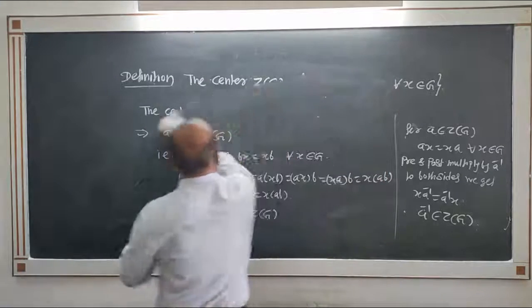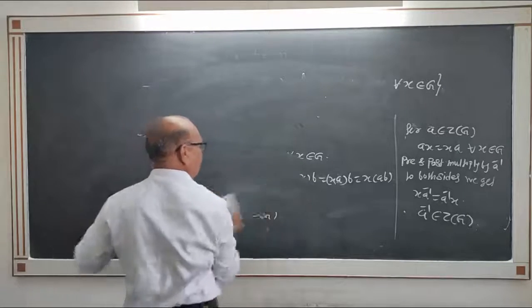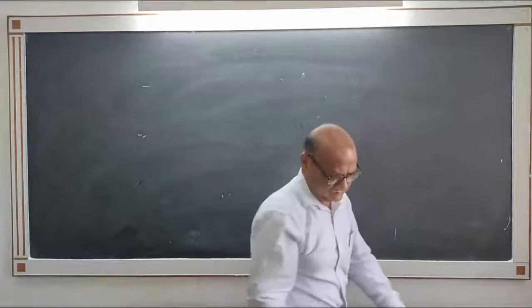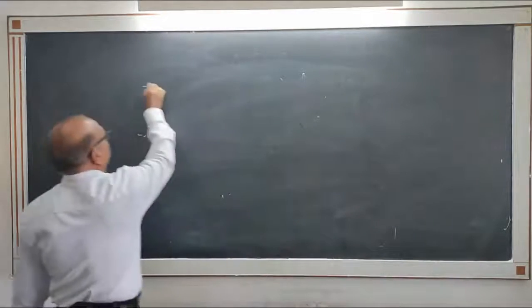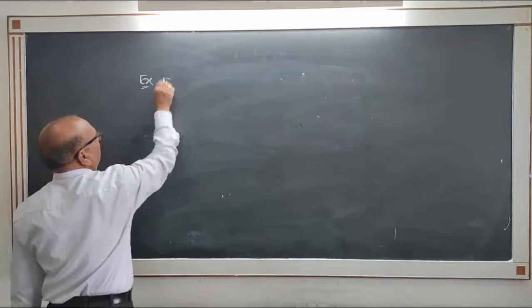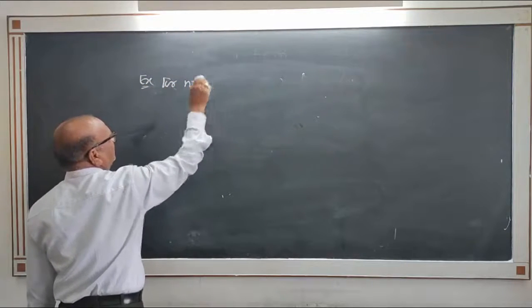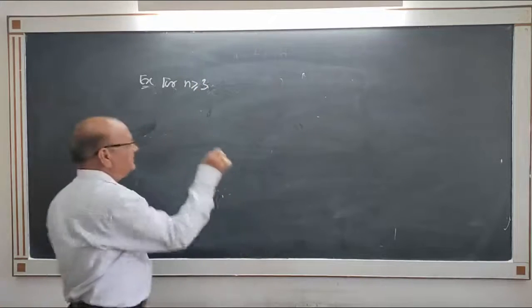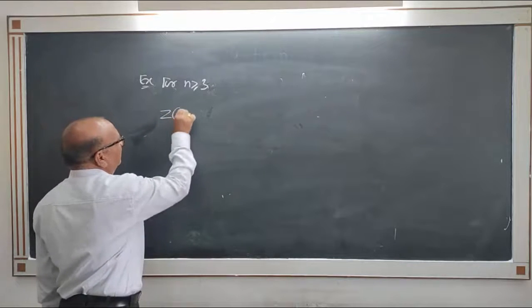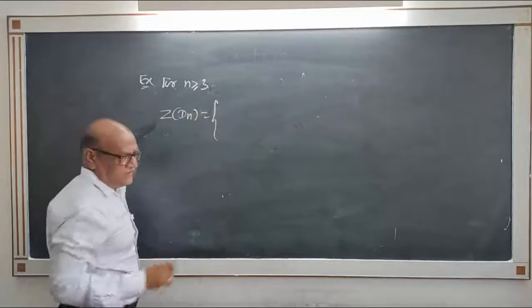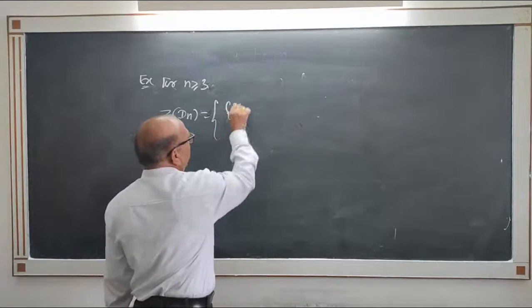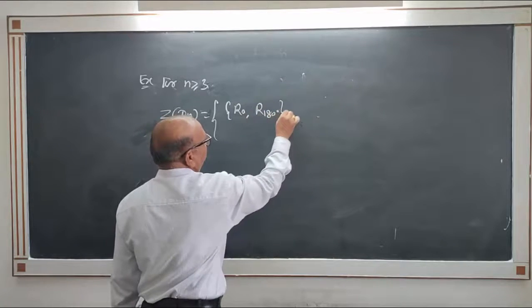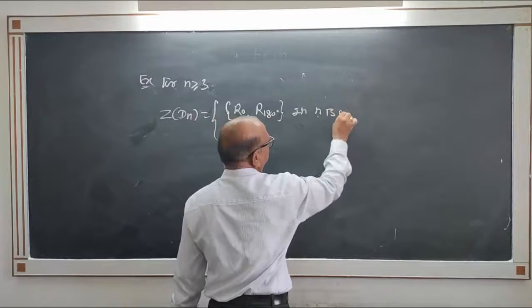Now, here again an example. For n greater than or equal to 3, Z of Dn is equal to R0 and R180 degree if n is even.